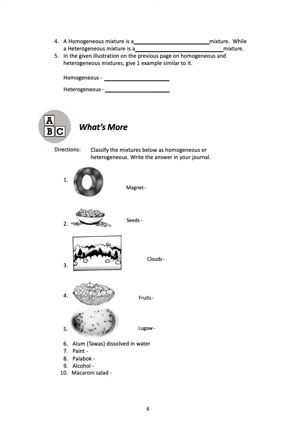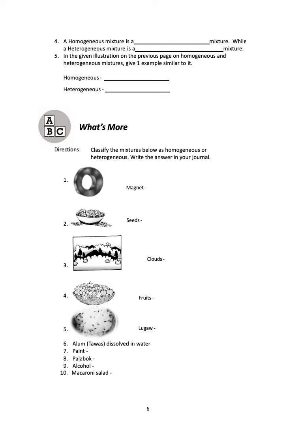Next, let's go to what's more. For your direction, classify the mixture below as homogeneous or heterogeneous and write the answer in your journal. For number 1, magnet. Ano ang masasabi mo kay magnet?